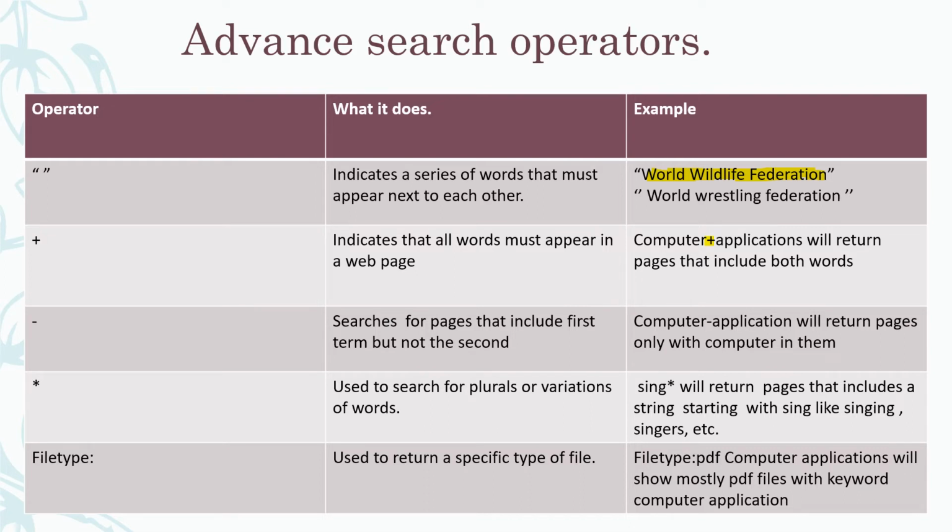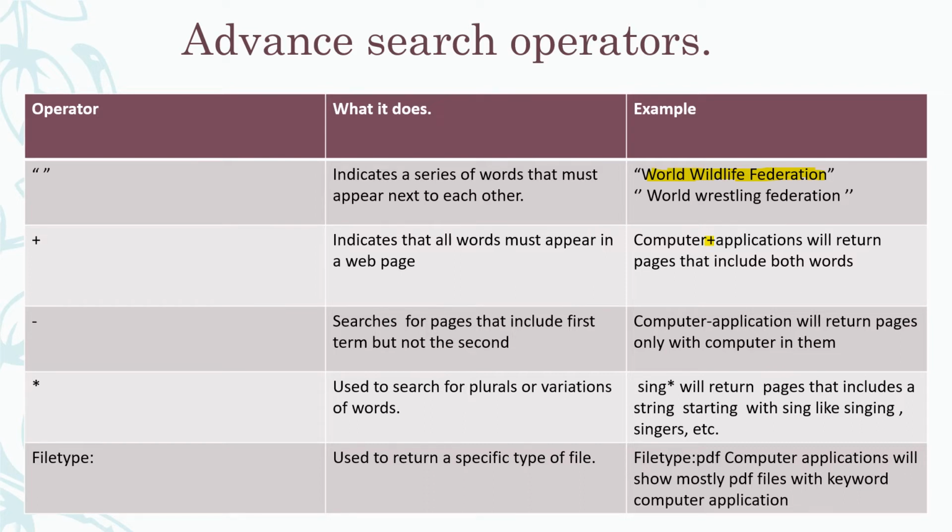Maybe if you write computer application, one result will contain computer and another will contain application in, say, the English language, so English application, and those two are separate pages not related to computer applications. In order to get the result where both of these words must appear together, so that the context is retained, we use a plus sign.